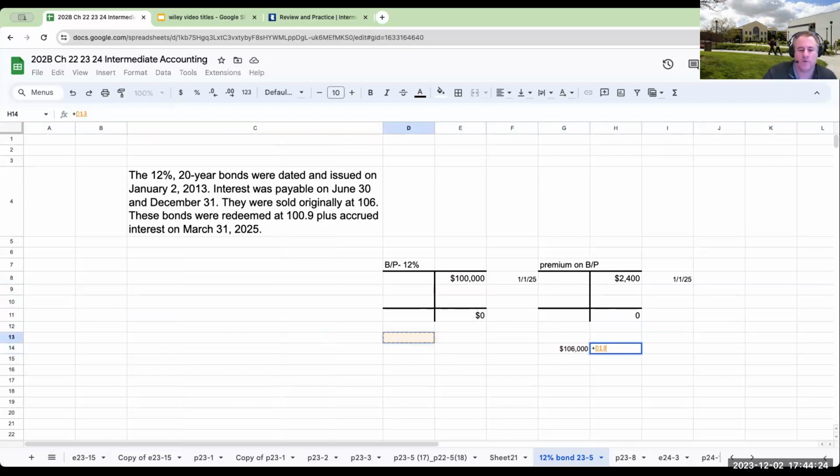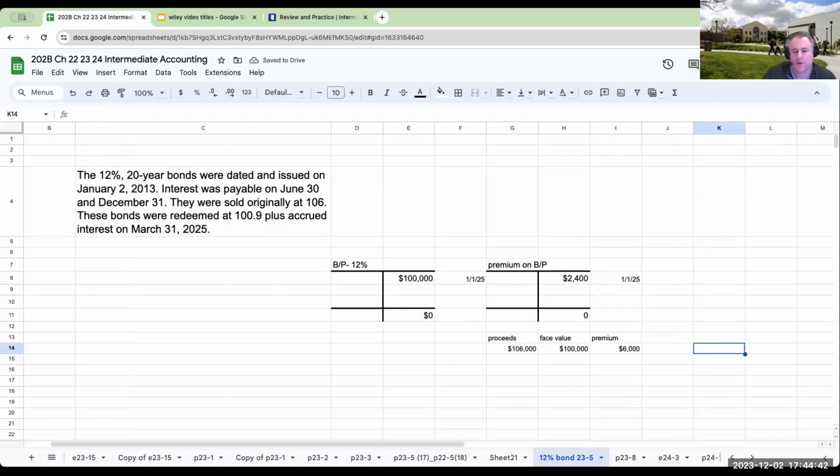So if the bonds were sold at 106, that means we initially had a premium on the bonds of 6,000. How would this premium be amortized? Well, the question says we're amortizing this straight line. So this premium is going to be amortized over the number of periods of the bond.